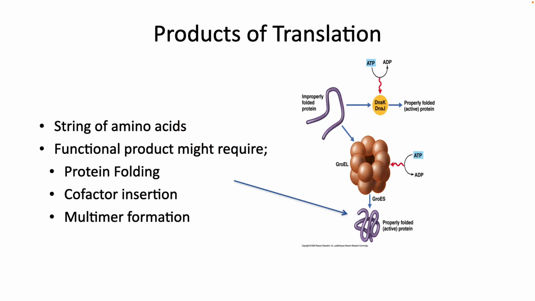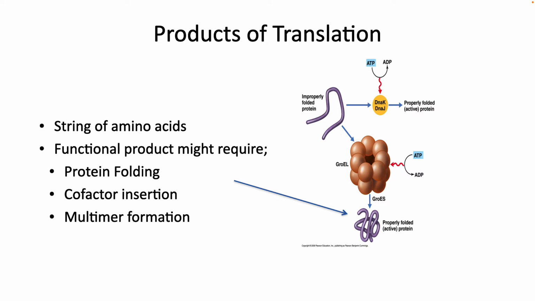You now have a product of translation, and this product of translation is a string of amino acids, but is not a protein yet. It needs to fold up correctly to carry out its function. Originally, scientists thought that protein folding was a spontaneous process, and you can get some proteins to fold correctly in the test tube all by themselves. Later on, we discovered molecular chaperones.